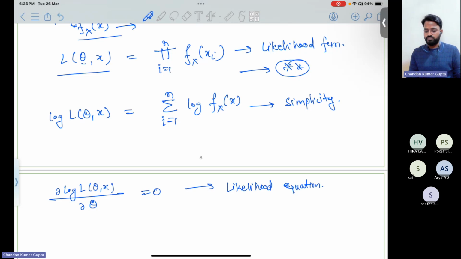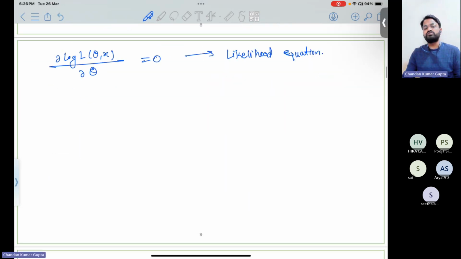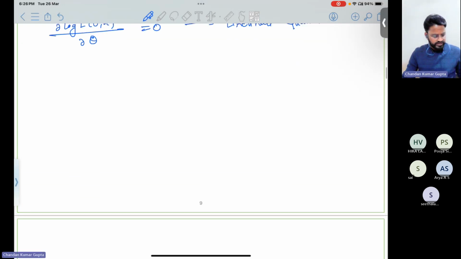And again, with the help of these equations, we will solve for the estimated value of the parameter. These are simple calculus rules. We are given some function and we need to find the optimal value with the help of those equations. The only thing is we are dealing with probability functions.